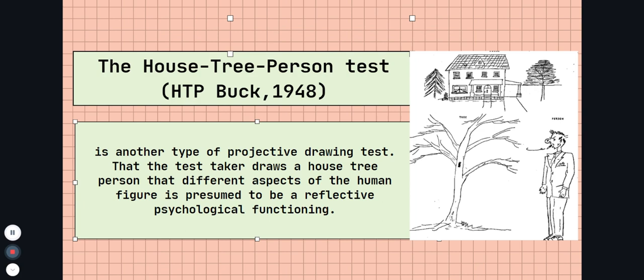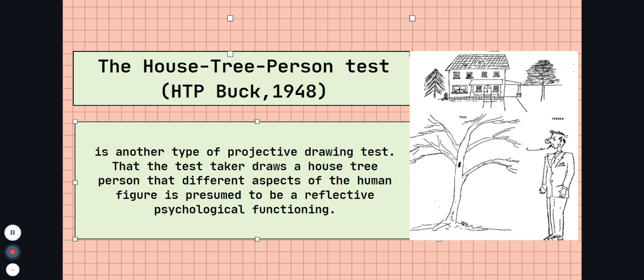Next, another figure drawing test is the House-Tree-Person test. It is another type of projective drawing test in which the test taker draws a house, a tree, and a person, and different aspects of the human figure are presumed to be reflective of psychological functioning. The ways in which an individual represents a house and a tree are considered symbolically significant.